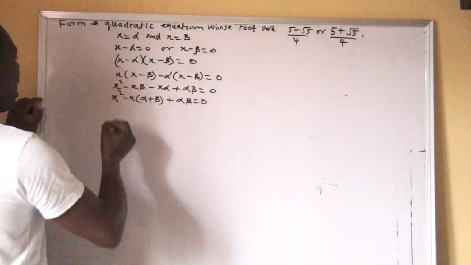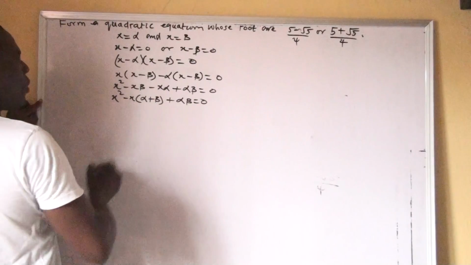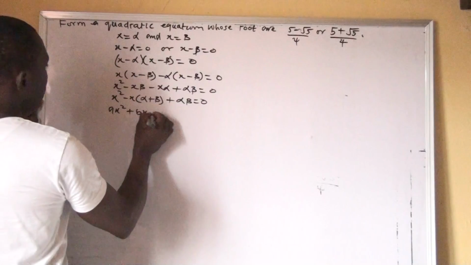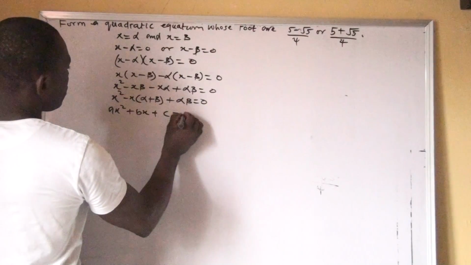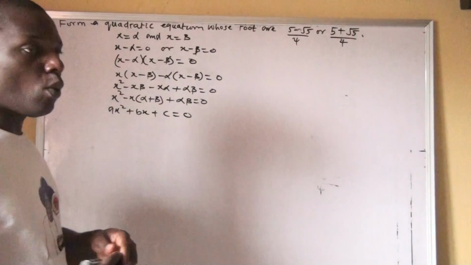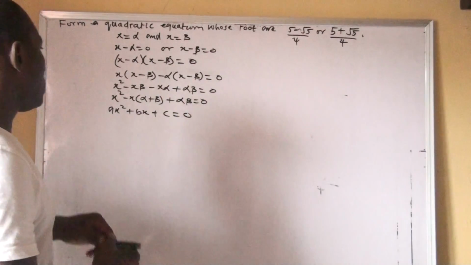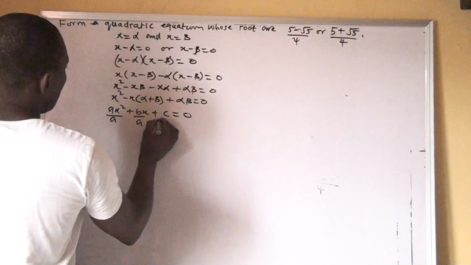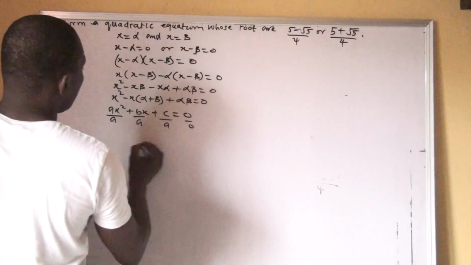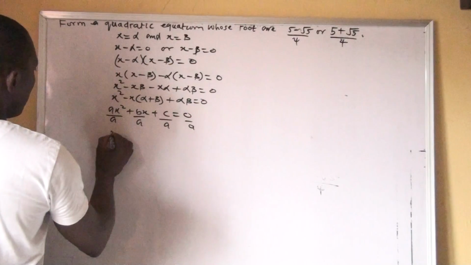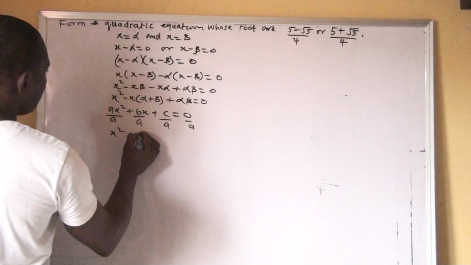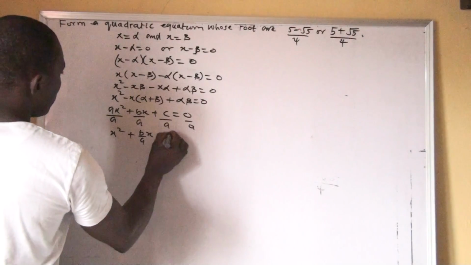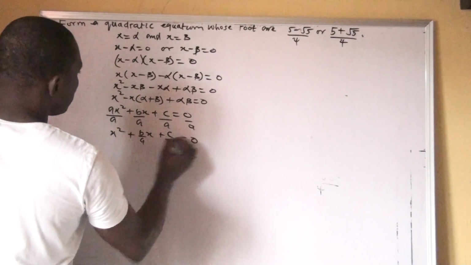For instance, if we have our normal quadratic equation, ax squared plus bx plus c equals 0, what we need to do in completing the square is divide through by a. And here we have x squared plus b over a x plus c over a equals 0.